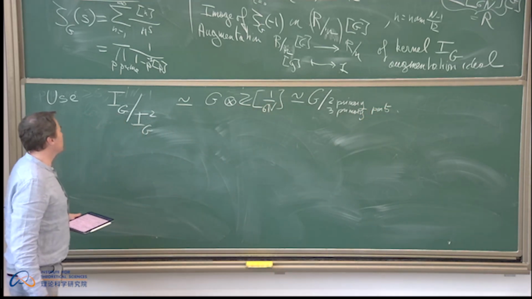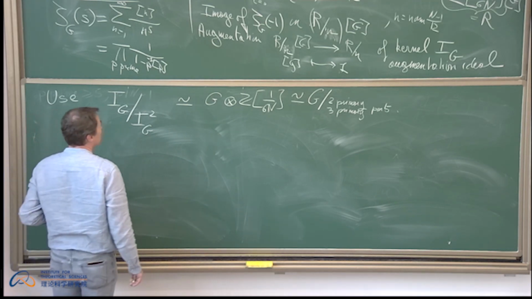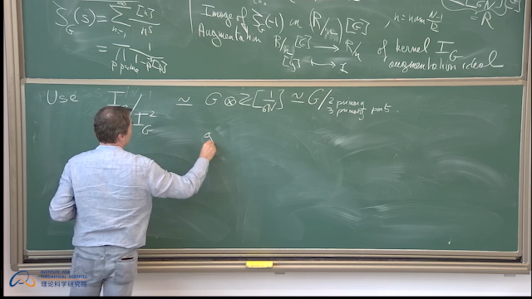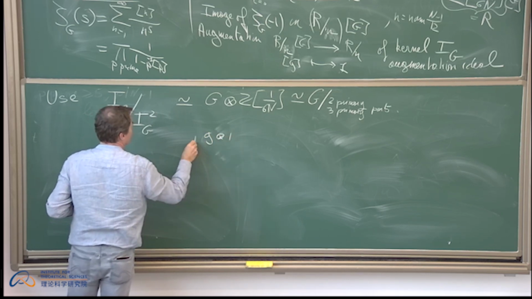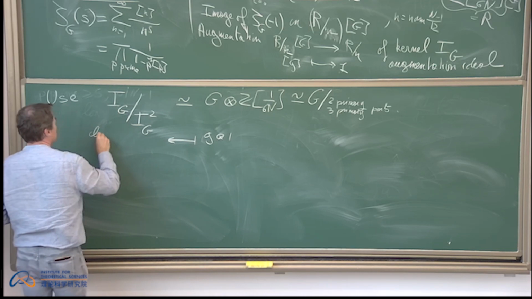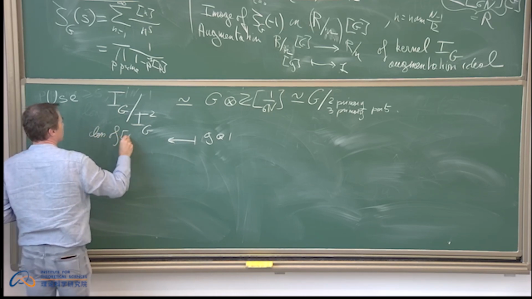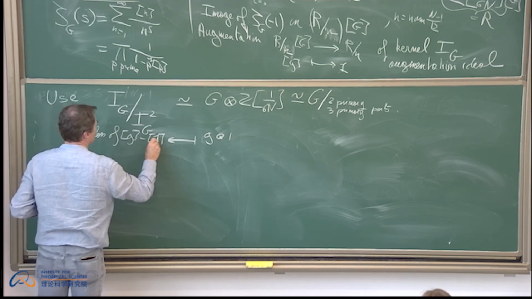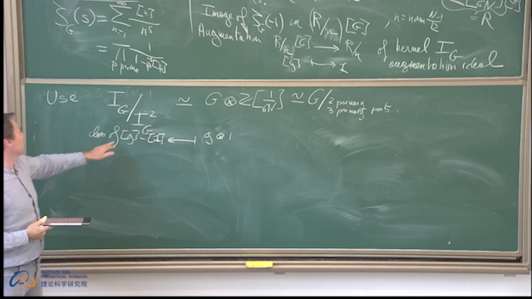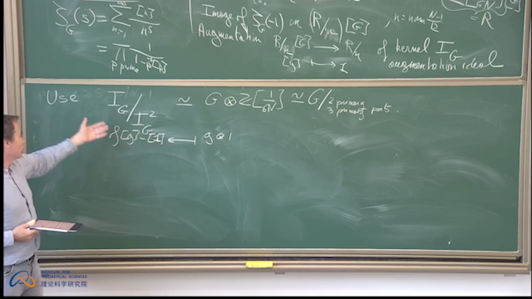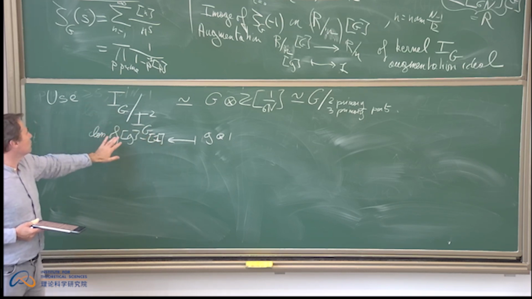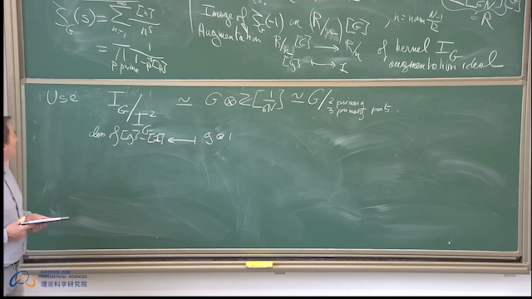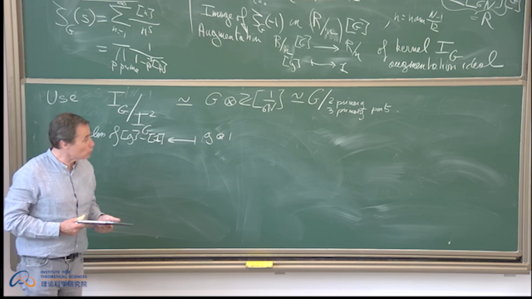And how is this given? So to an element g, you associate simply the class of the bracket g minus bracket 1. Obviously, this is in the augmentation ideal because the augmentation map of this is 1 minus 1, 0. Okay, and this is actually an isomorphism, which is an easy exercise.